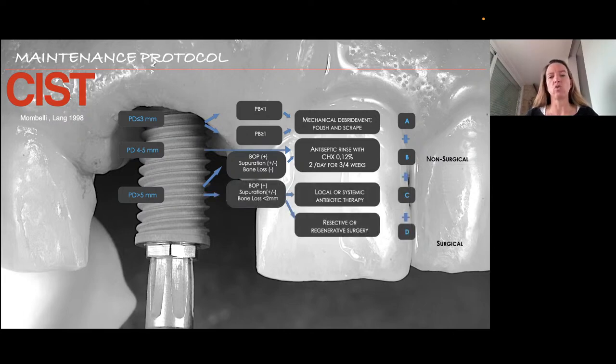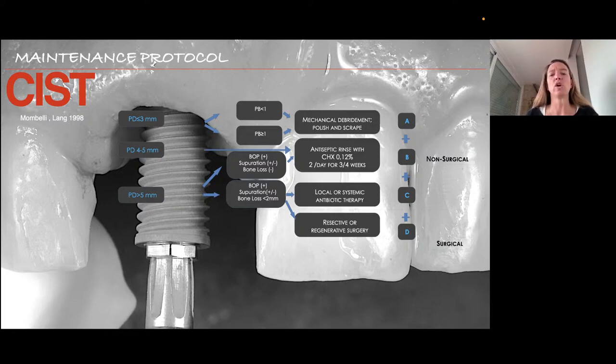By the time we start to have bone loss, but it's still less than 2 millimeters, it can be considered the normal healing and the normal bone remodeling around the implant.